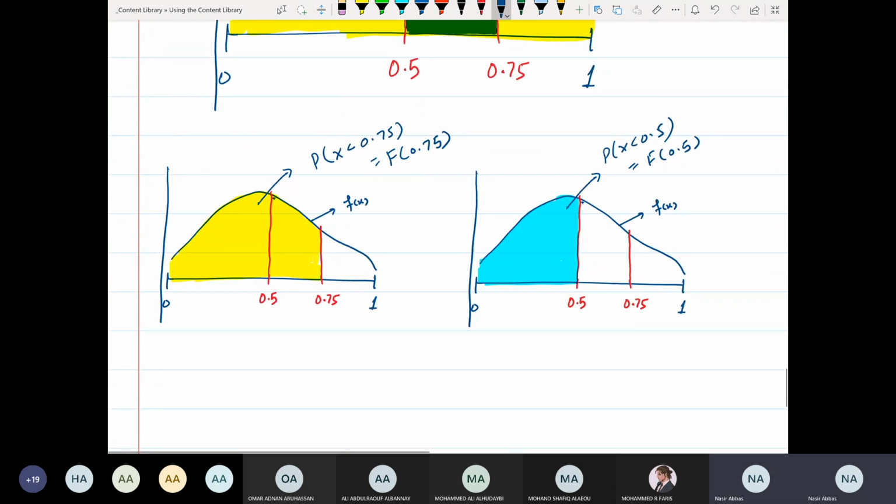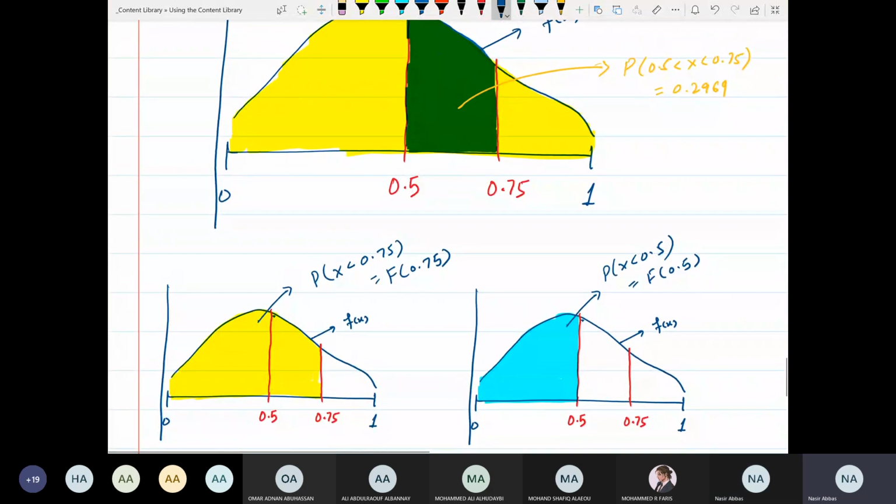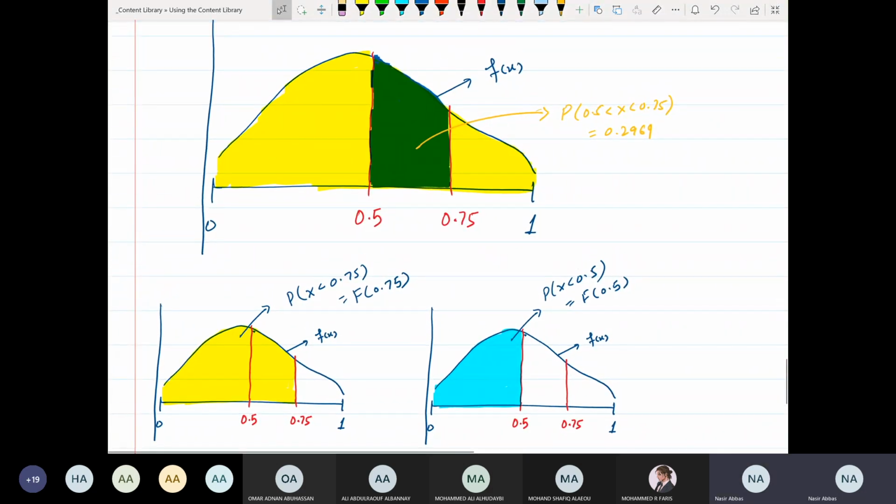And I'm interested in the green area. Now look at the three diagrams. You have the yellow one. I'm going to get rid of this yellow one just for the sake of clarity. You have the yellow one, you have the light blue one, and you're interested in dark blue.